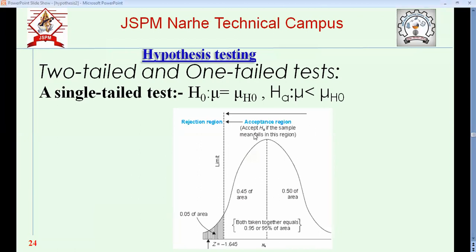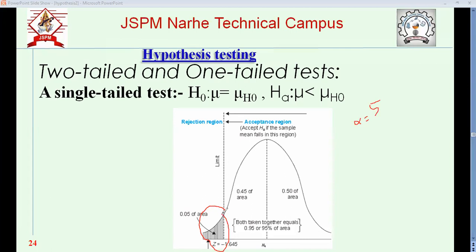Now I am selecting the same 5% alpha here. But now I have to apply this 5% totally on the left hand side.